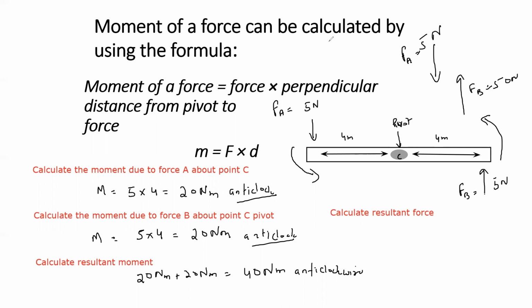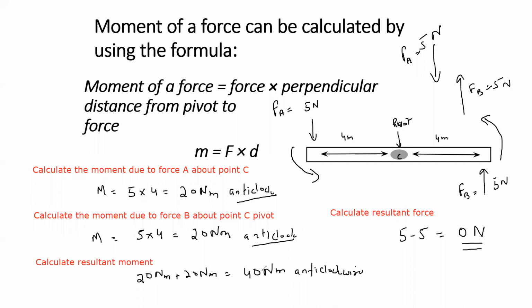So what is the resultant of the two forces? Force A is acting down, force B is acting up. Two forces are acting in opposite direction. So what will be the resultant force? It will be 5 minus 5. So resultant force will be equal to 0 Newton.